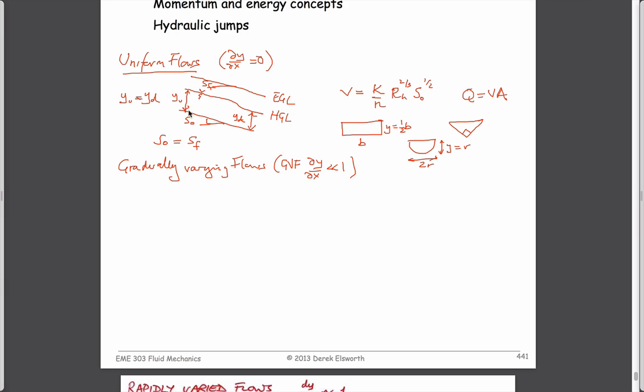In this case, because the height of flow upstream and downstream, if this is the x direction here along the channel, doesn't vary, then by definition dy/dx is equal to 0.